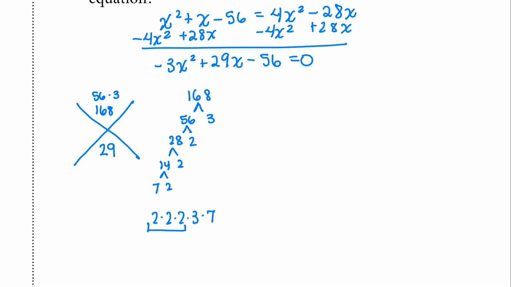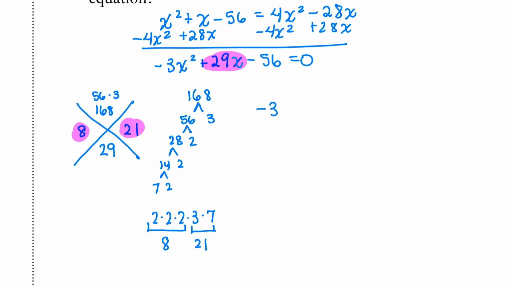So take a look at this. If we group together these three 2's and the 3 and the 7, 8 times 21 is going to be 168. The sum of those two is also going to be 29. So that was lucky. Now we have to rewrite our 29x using the two numbers that we just found.